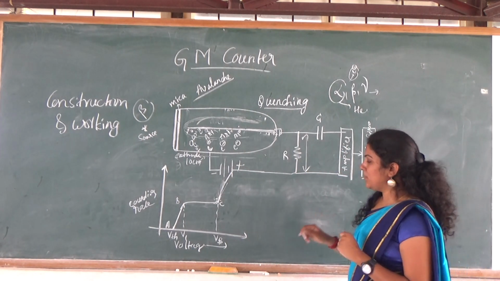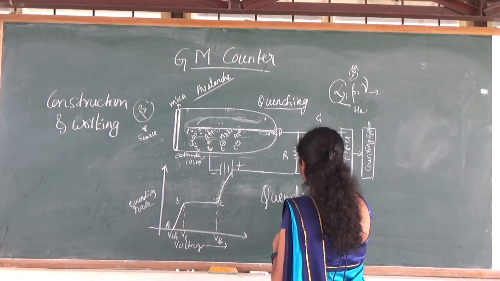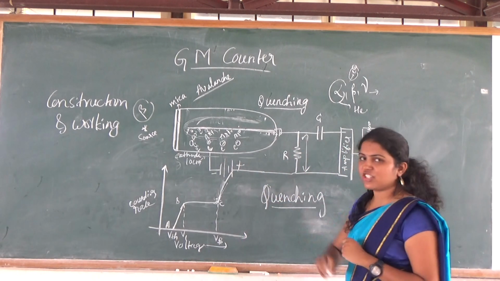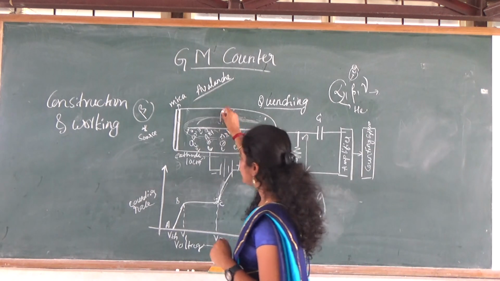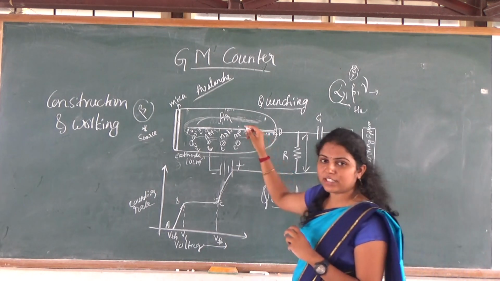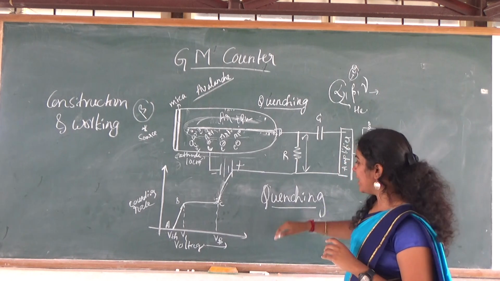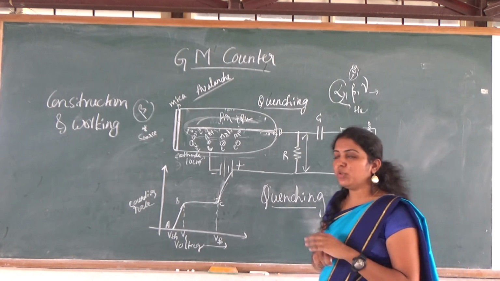There is a term called quenching. What is the necessity of using a quenching agent? As I told, argon, the inert gas, is used inside the tube, and also the quenching agents. There are two types of quenching.